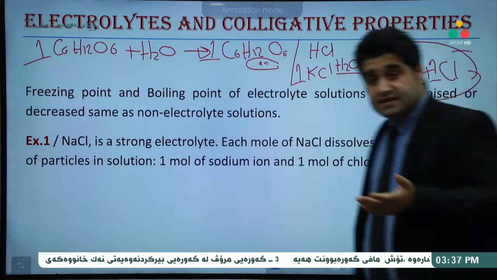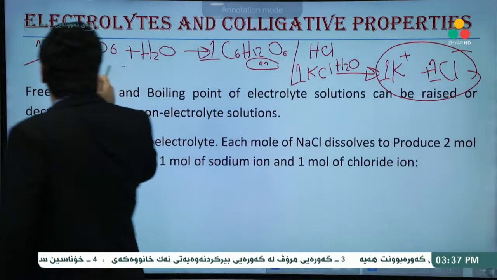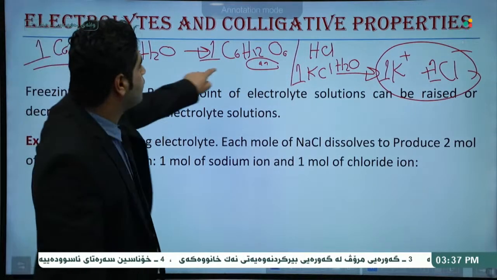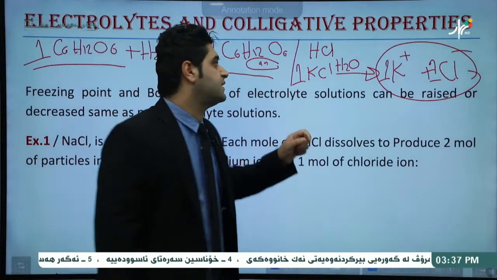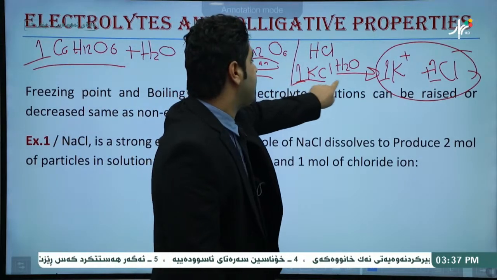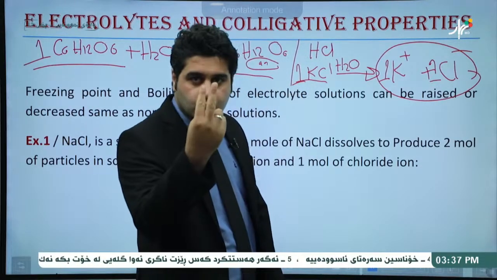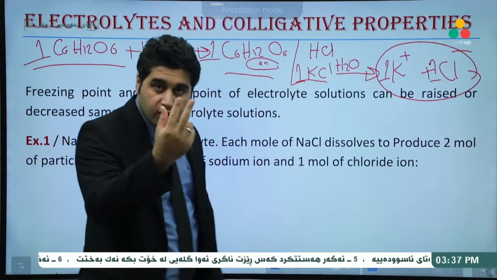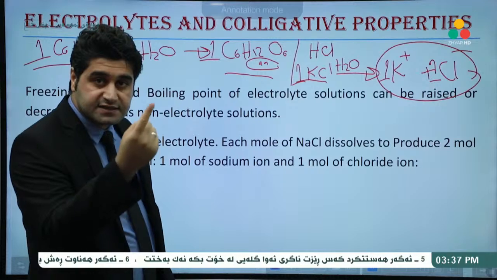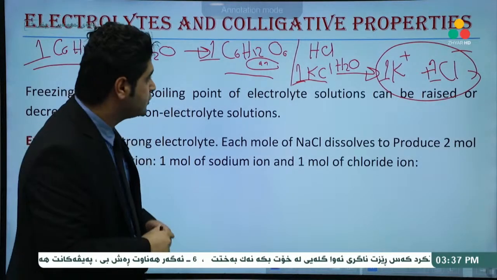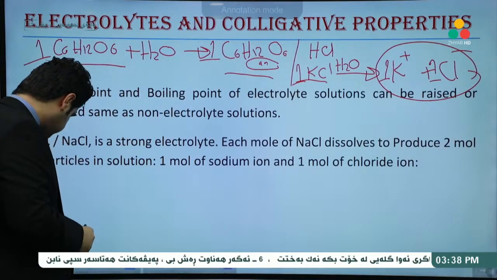For 1 mole of non-electrolyte, we get 1 mole of dissolved particles. But for 1 mole of electrolyte, we will have at least 2 moles of particles in the aqueous solution, which are the ions.